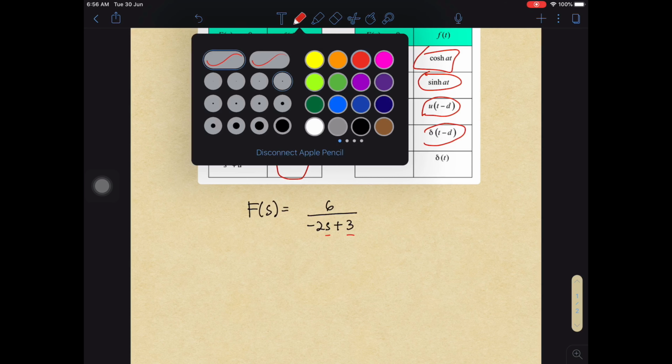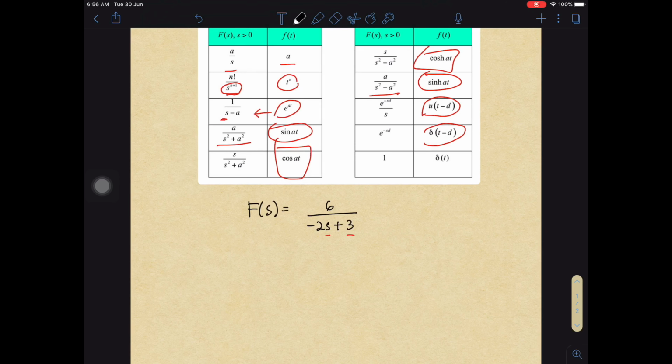So we will divide by negative 2. You can rewrite your F(s) as 6 over negative 2 times, taking out negative 2 outside, s minus, because you take out the negative sign.